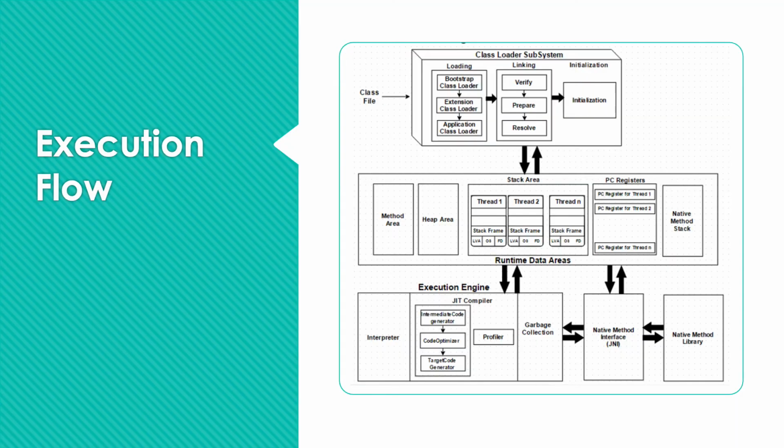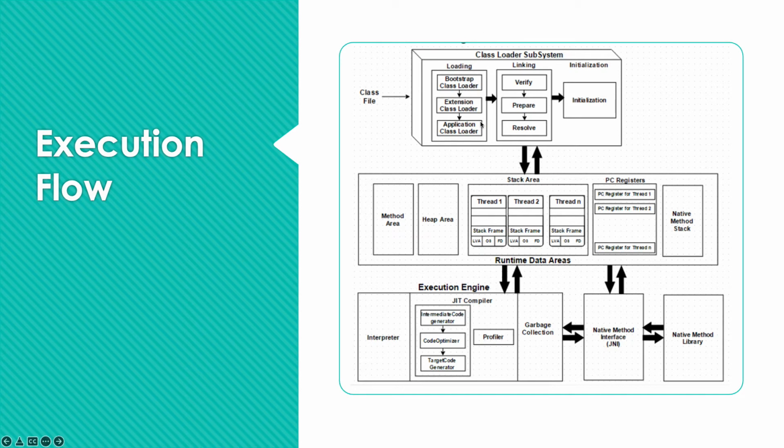Finally, if we have to look at the execution flow, this is how it's going to look. We have the input as the class file, like you see here, which is the input to the class loader subsystem.